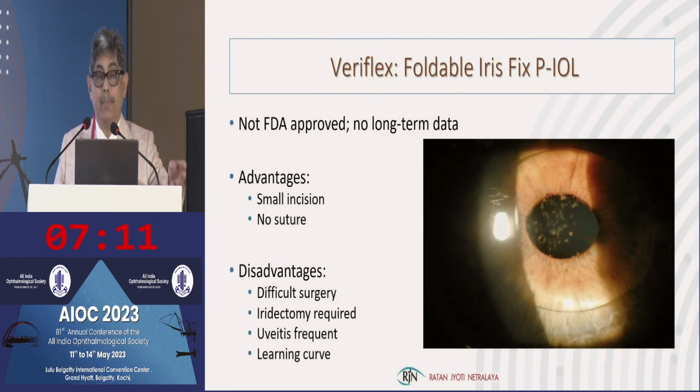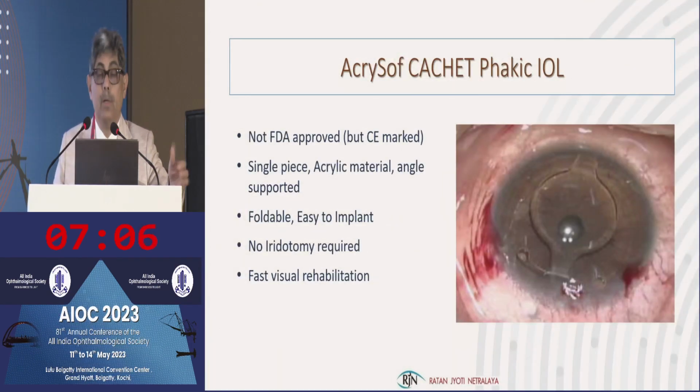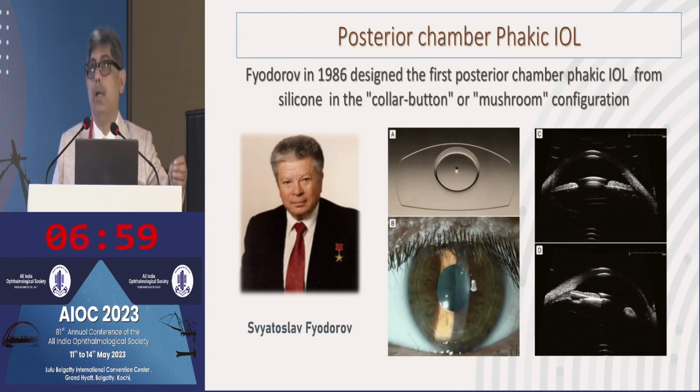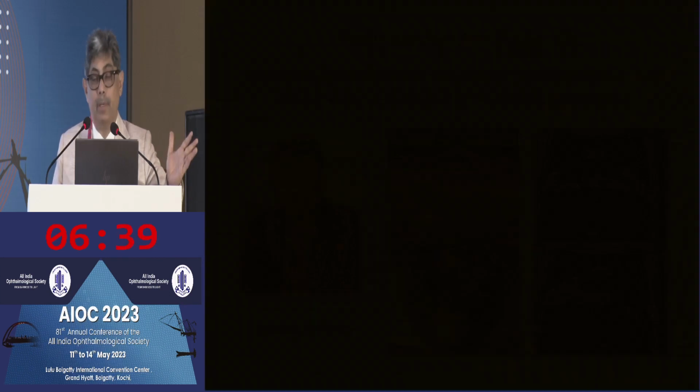Then the flexible model or foldable version came, which didn't get any FDA approval. And the Acrysof Cachet lens also came some 8-10 years back, but it also didn't become popular. So the present phakic lens, which is the plate haptic type of lens, the prototype was developed by Fedorov from Russia in the year 1986, and this was a collar button or mushroom configuration.